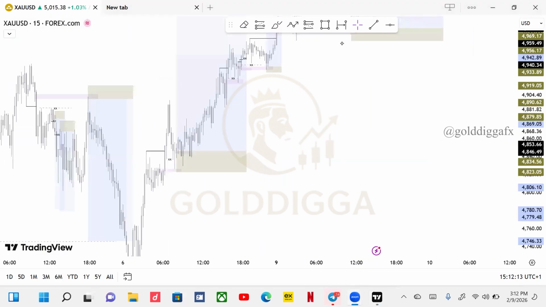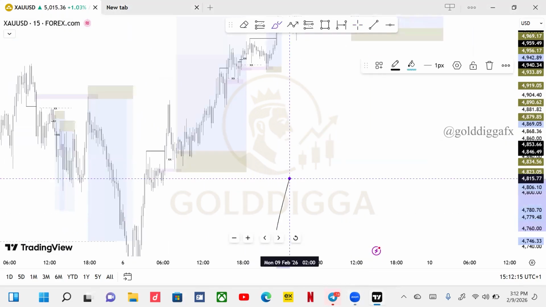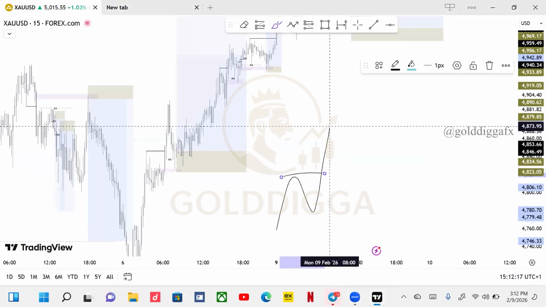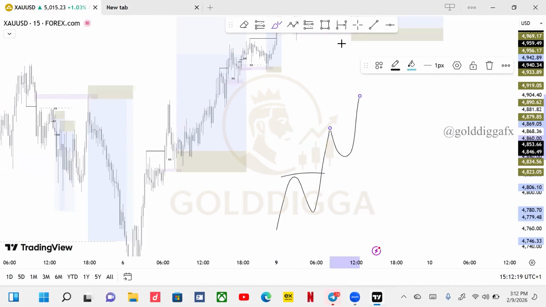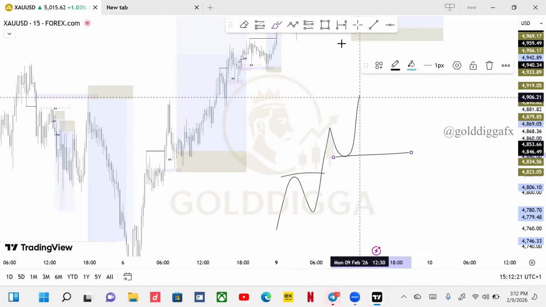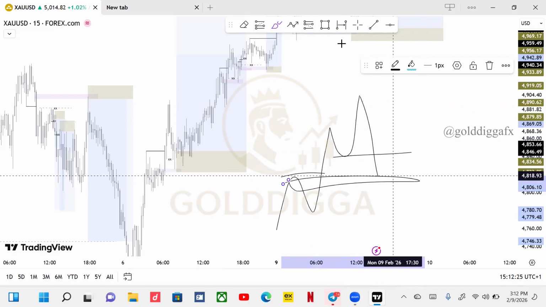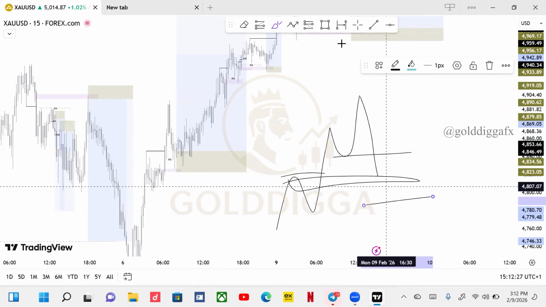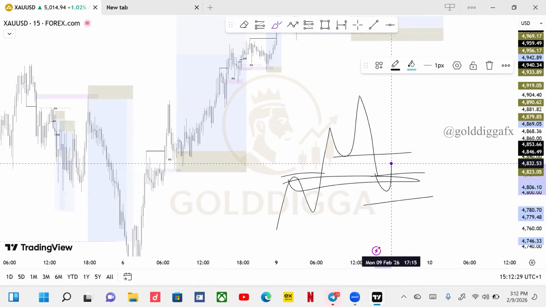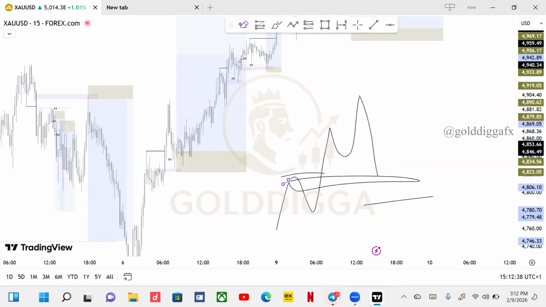If I have my setup like this, price gives me this break of structure here, pulls back, and then goes and this becomes my liquidity, and price comes back on me, I'm going to have this as my zone of entry. I could enter here with a stop loss here, and price goes like this and buys. It didn't give me a sniper entry, but the setup played out. That is the most important thing. So there's no need for a sniper entry.